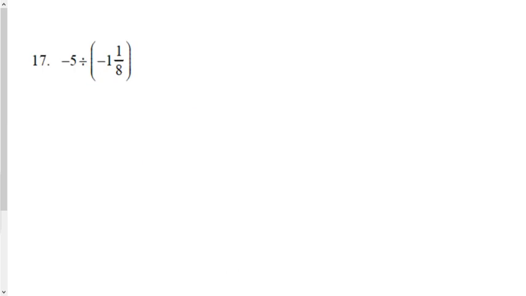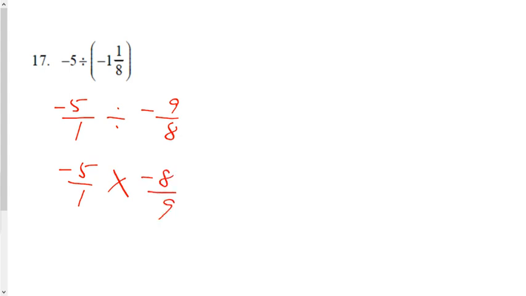Question 17, treat all whole numbers as fractions over 1. Keep your first fraction, change the multiplication by the reciprocal. Keep your negative symbol, no matter where it was to begin with, in your numerator.